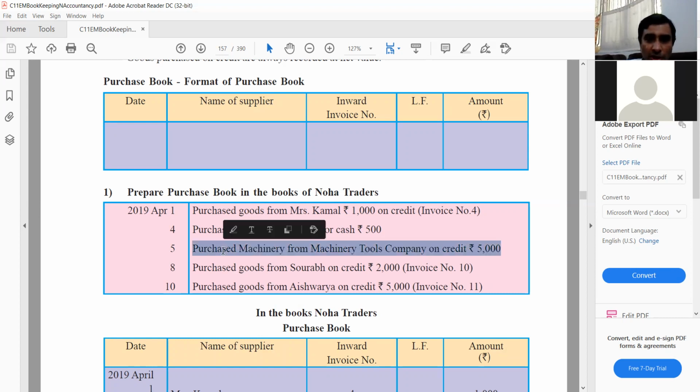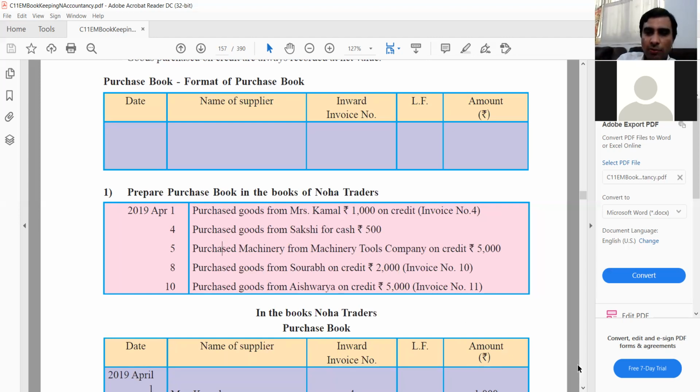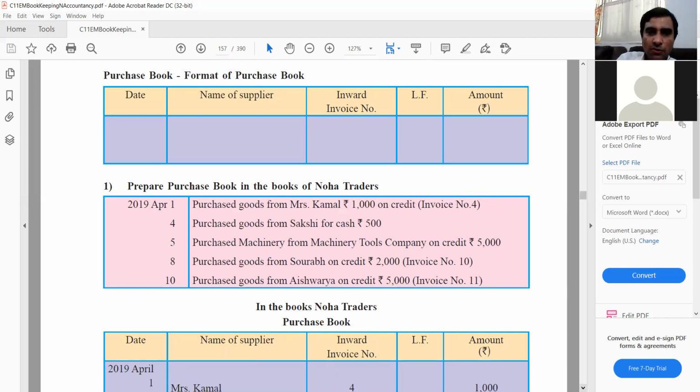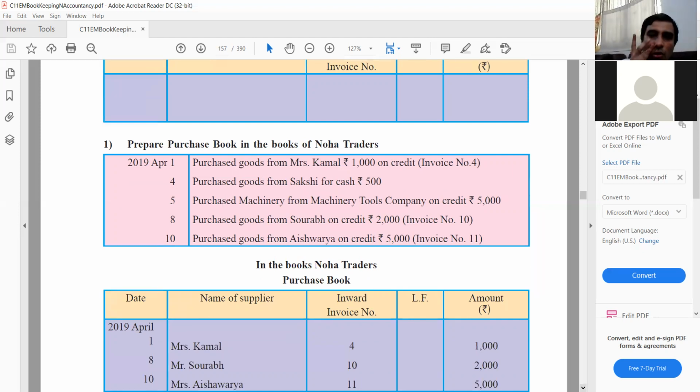Purchase machinery from Machine Tools Company on credit 5,000. Again, here, the purchase book will record only transactions of purchases of goods. Goods for a business means the goods that the particular company is dealing in, not anything which has been purchased.